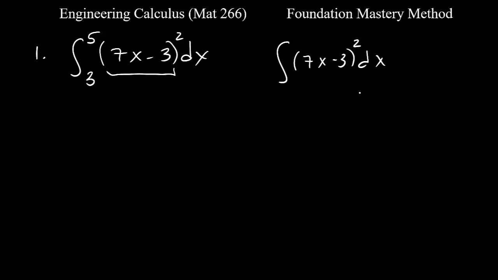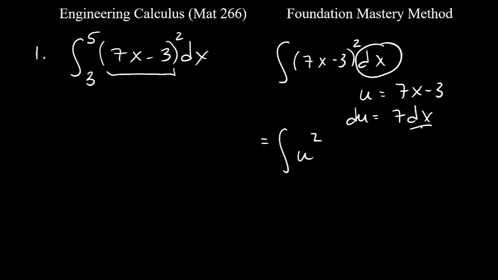Doing a u-substitution, we let u equal 7x minus 3, then du will equal 7 dx. So this integral becomes the integral of u squared, and what we have remaining is dx, which we can express as 1/7 du.